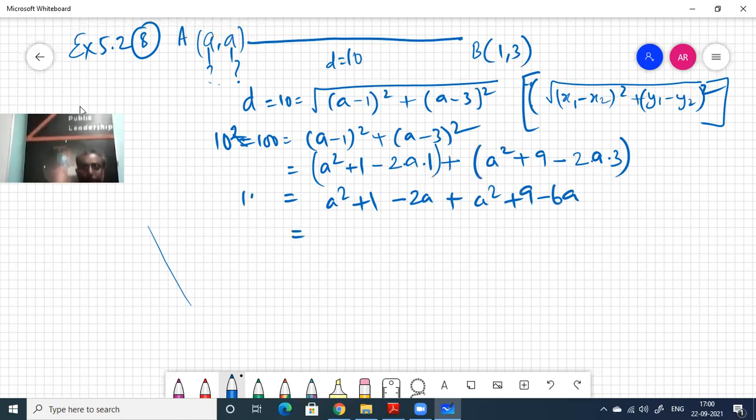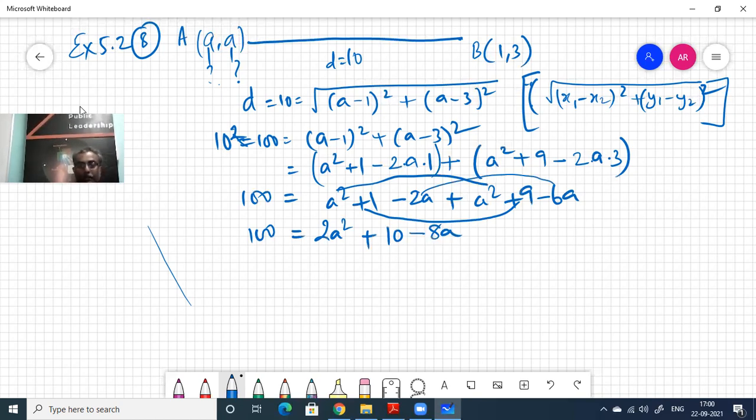So 100 is equal to a squared plus a squared, you take 2a squared, plus 9 plus 1, you take plus 10. Then minus 2a minus 6a becomes minus 8a.